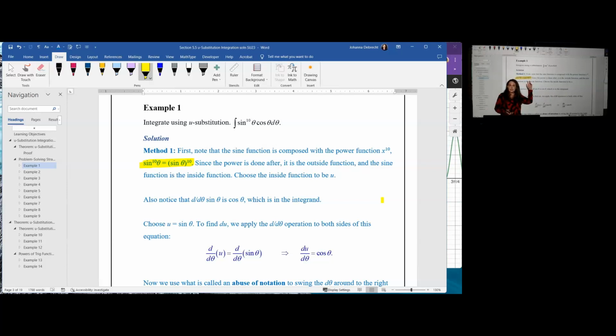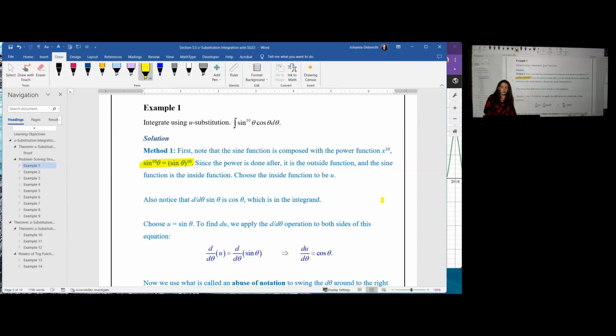Because sine theta is on the inside, it becomes our g of x, or our u. And the thing on the outside is basically x to the 10th or theta to the 10th, and it becomes our outside function, f. Now, what we want to do is set our u to be the inside function.